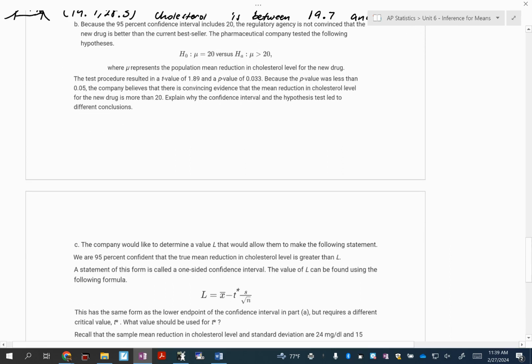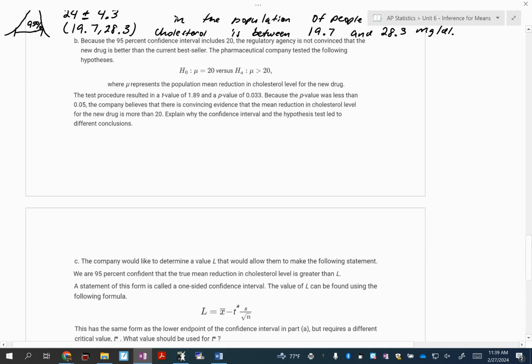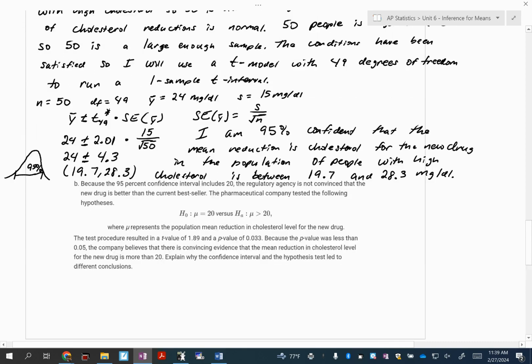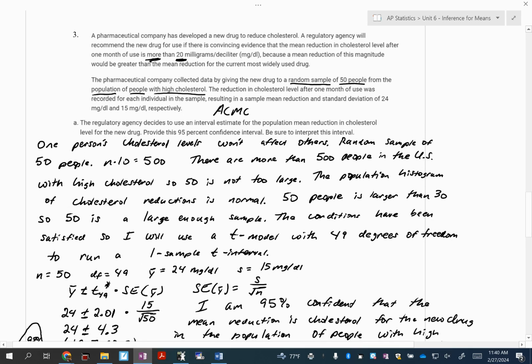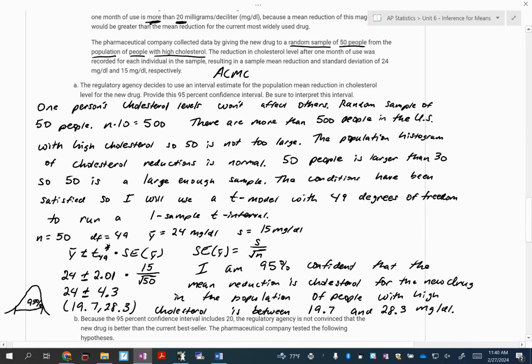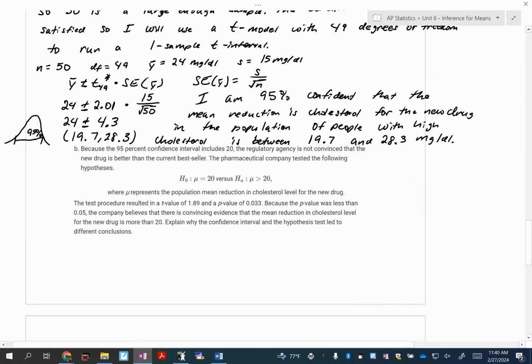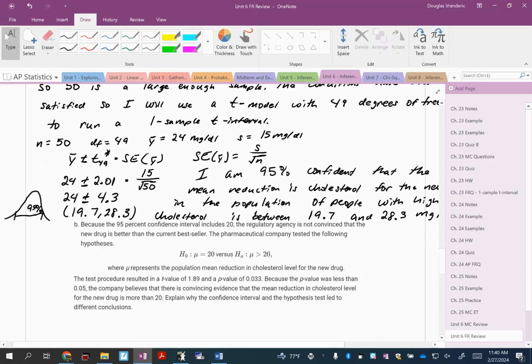Okay, so part B, it says that they decided, I should have mentioned in the first part here, that if the company is hoping to see that the average reduction is more than 20 milligrams per deciliter, then they will go ahead and start producing this on a wider scale. But if you look in the interval we made, 20 is in there, so we cannot reject 20.